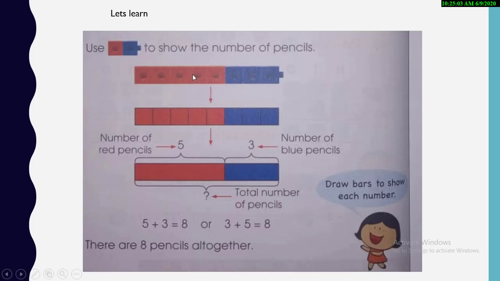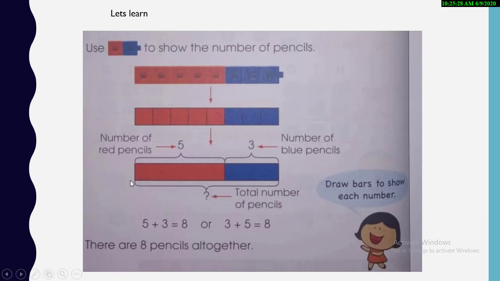For example, these blocks are joined together and then they come into this proper shape. So now look at the value of the red pencils. The number of red pencils is 5 and the number of blue pencils is 3. Two values are given and you are going to find out the whole value.